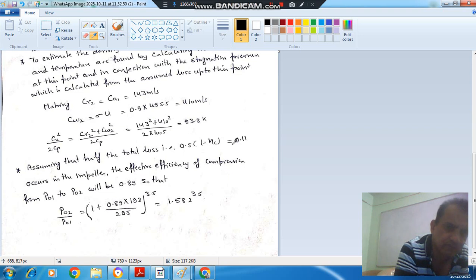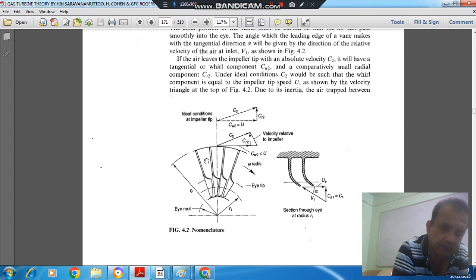So now the efficiency of the compressor is given as 0.78. Efficiency means how much we can utilize. If the efficiency is 0.78, we can utilize 78% of the total amount, and 22% are losses. Now we are assuming that, as there are two parts, one is the impeller and the other is the diffuser, half of the losses take place here and half in the diffuser part.